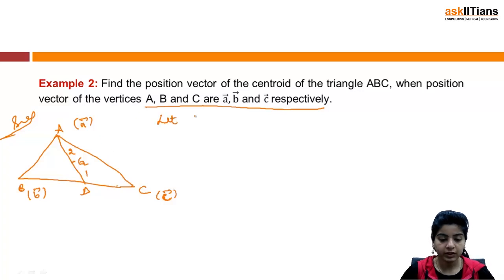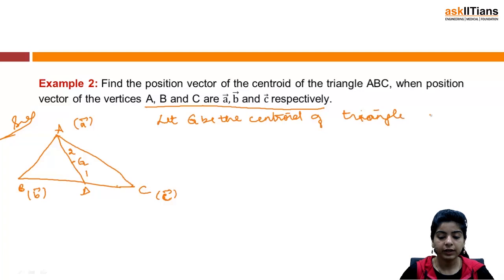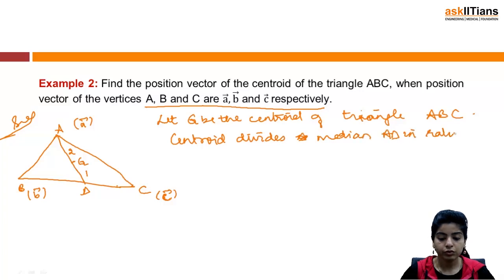So what am I saying? Let G be the centroid of triangle ABC, right? And we know that the centroid divides median AD in the ratio 2:1.